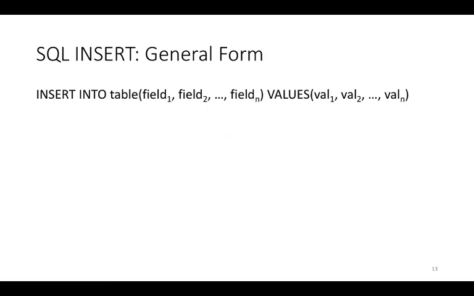The general form of it then is this. Insert into table, list of fields, and then a list of values. And the values map to the fields. So field 1, we put in whatever's in value 1, field 2, whatever's in value 2, and so on and so forth. We just list: insert into this table, here are the columns, and here is the data that we want to actually put into there.